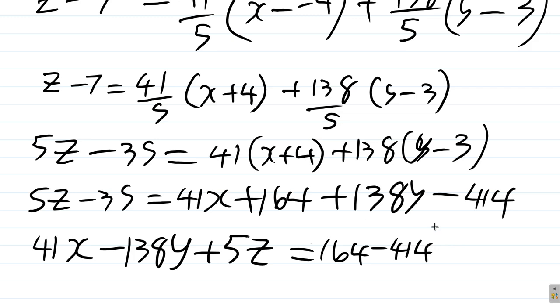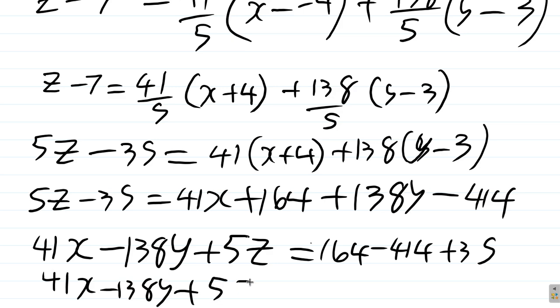We would have to add the 35. So 41x minus 138y plus 5z is equal to, and then we calculate all of this out.